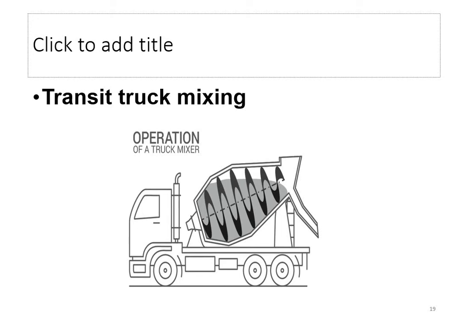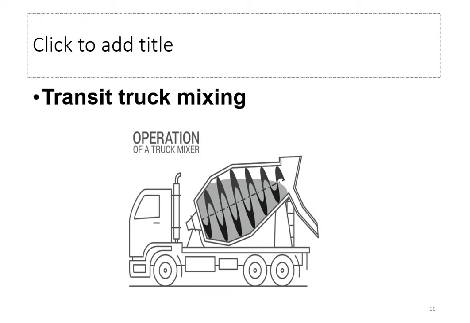Okay, you might have seen this on roads. These transit mixer trucks do the batching and mixing at the plant, and then they put it into these trucks. The complete mixing operation is carried out in this truck. As you have seen, the trucks continuously rotate.